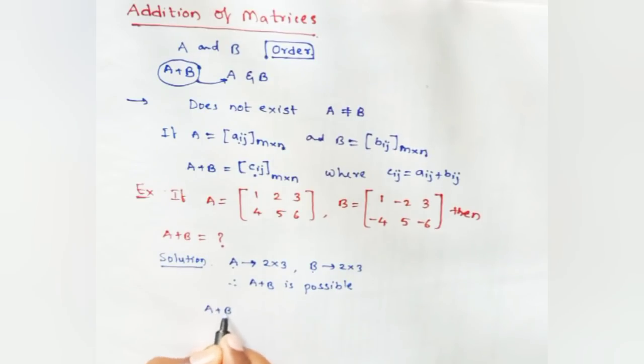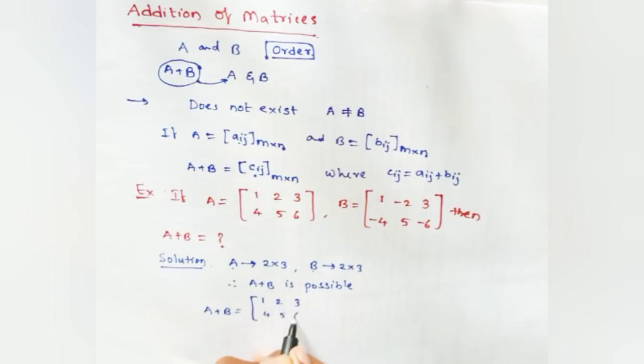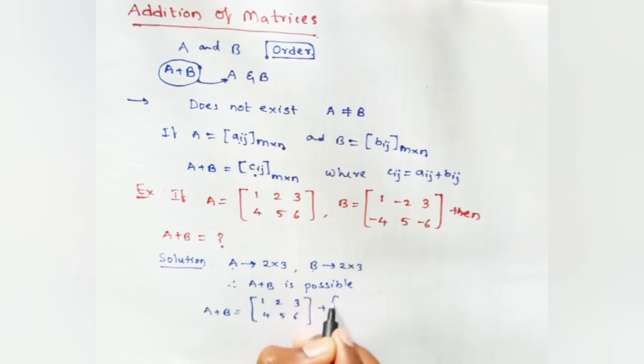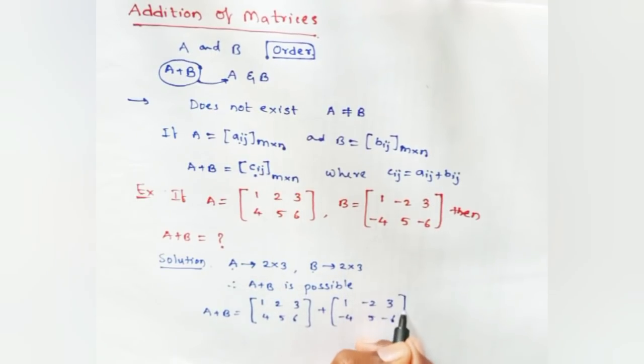Therefore, A plus B is equal to 1, 2, 3, 4, 5, 6 plus 1, minus 2, 3, minus 4, 5 and minus 6.